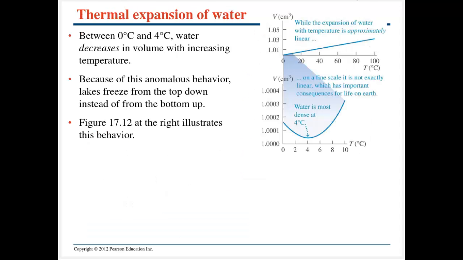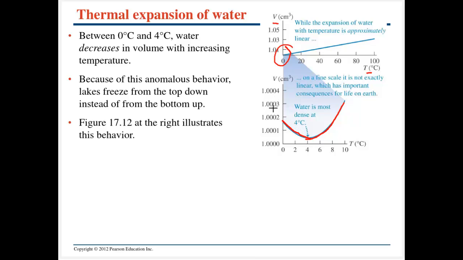In general, every substance is going to behave with the volume expansion that I talked about on the last page. Water is actually one exception, and it's actually a very good thing. In general, if you look at the volume of water as a function of temperature, it looks roughly linear, as you'd expect from the equation on the last slide. But if you look right down here, just close to zero, you're going to see, as the temperature gets lower and lower, the volume gets smaller and smaller, and then water actually starts to increase its volume.